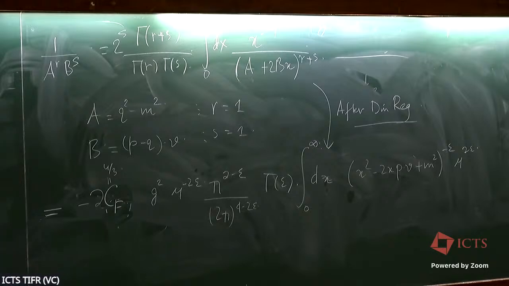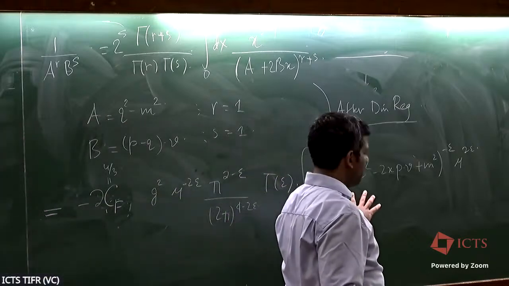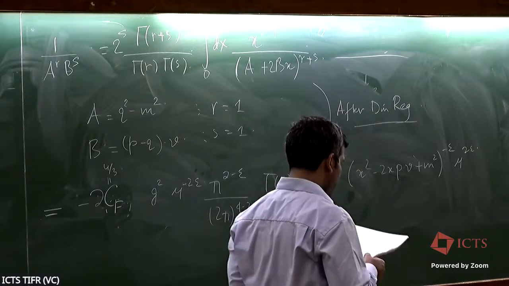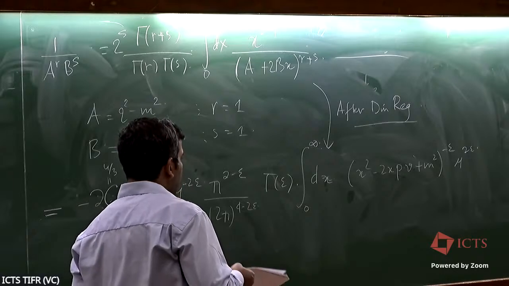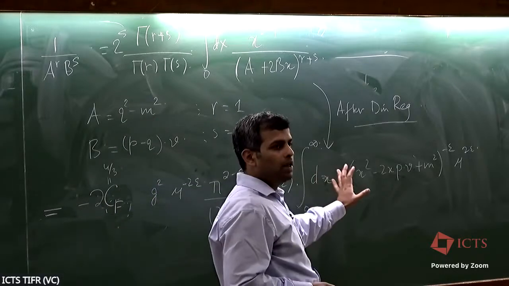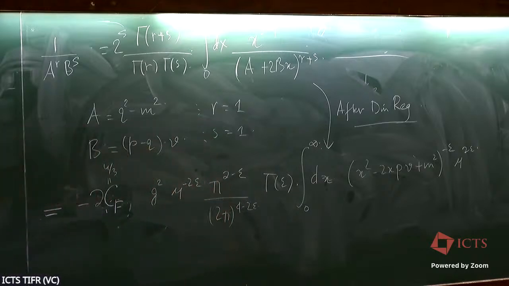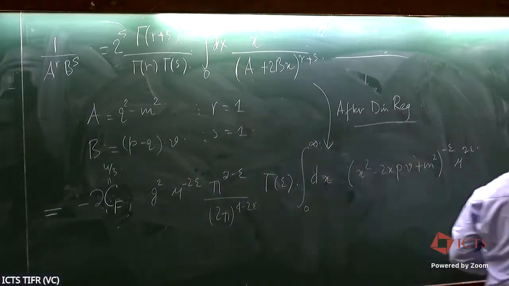Now, the point is that this integral as such is divergent for epsilon to 0. If you take epsilon tending to 0, this integral will be divergent. So in order to compute this integral, we have to keep epsilon finite and then analytically continue to epsilon tending to 0. In order to do that, again, there's a cute identity that is introduced.